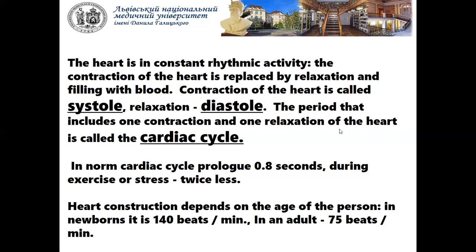Together, that is 0.8. And heart rate depends on the age and on the person, right? In a newborn, it will be 140 beats per minute. In an adult, it will be 75 beats per minute.